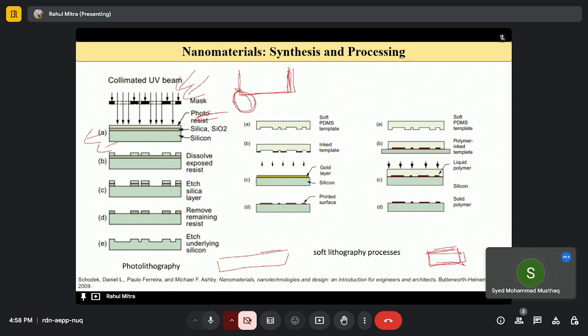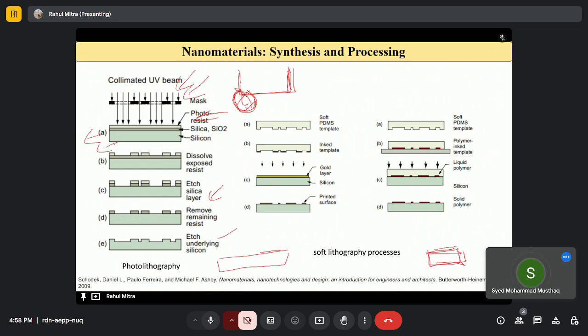For example, some etchants will remain in some corner places and dissolve more there. So we need to avoid those problems, and then we do the etching followed by the removal of the remaining resist.